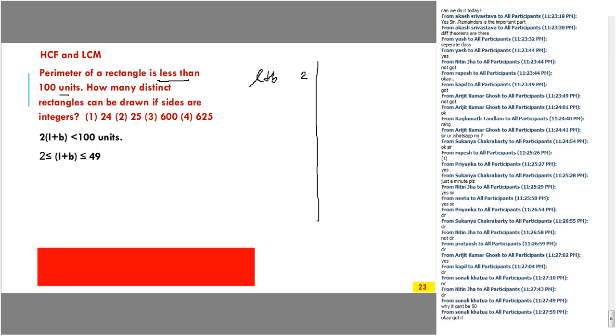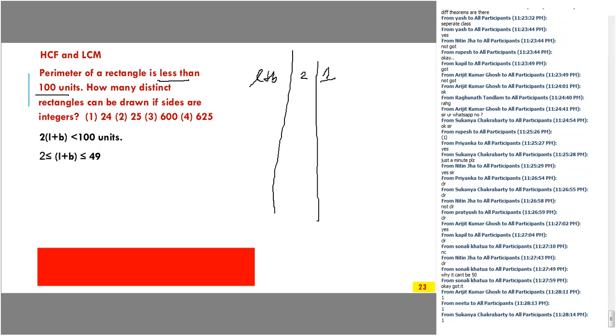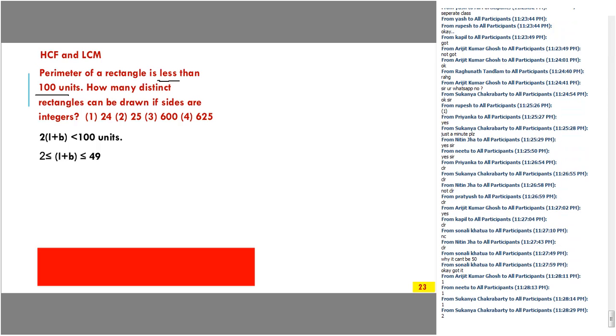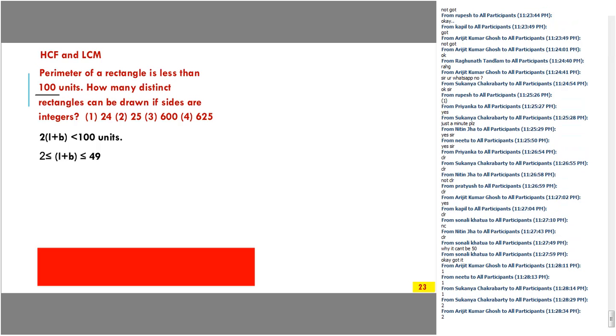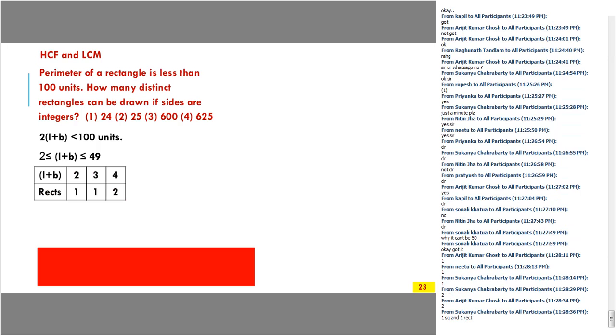Now, if L plus B is 1, how many rectangles can be drawn? If L plus B is 2, one rectangle. If L plus B is 3, again one rectangle. If L plus B is 4, what will happen?